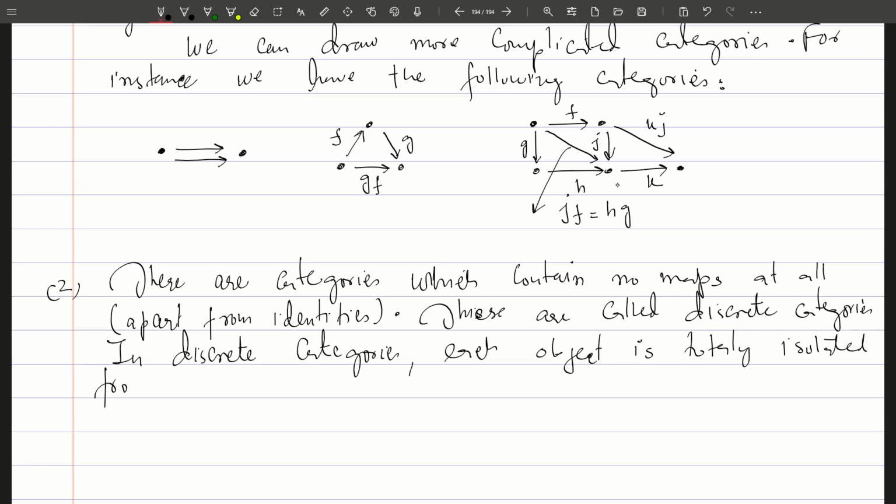Such categories can be drawn like isolated points. These points just have the identity maps on them, and we do not have any non-identity map there.